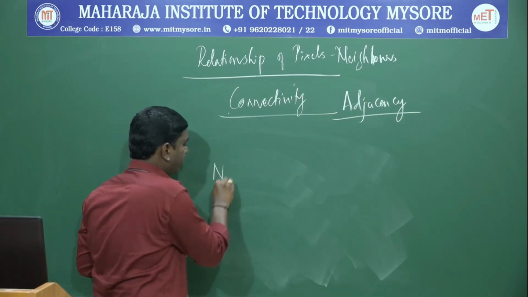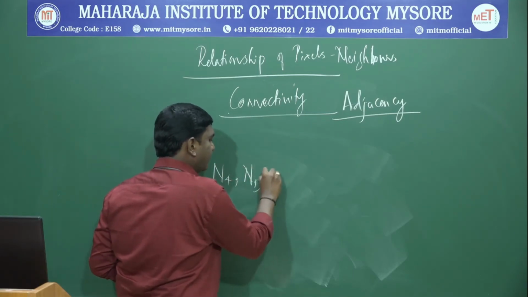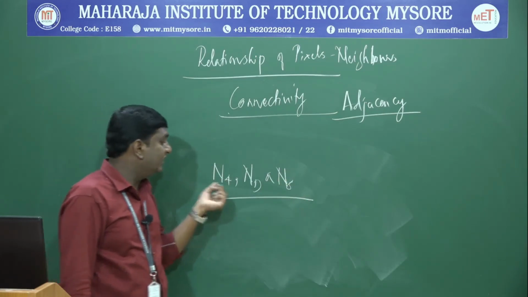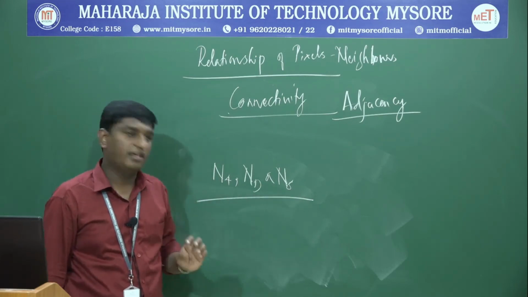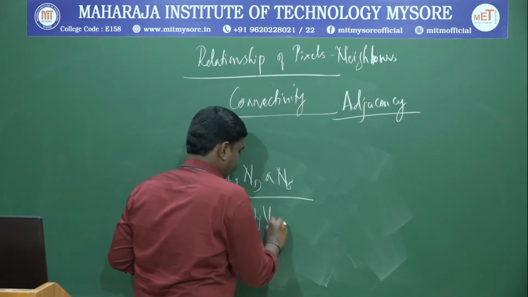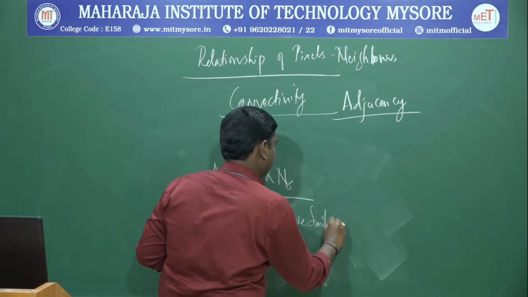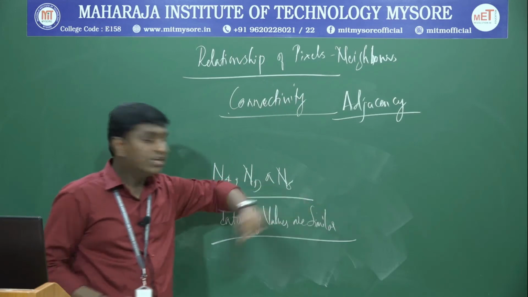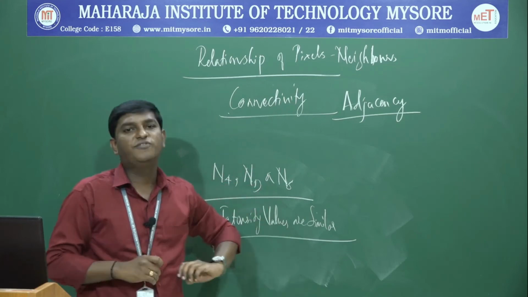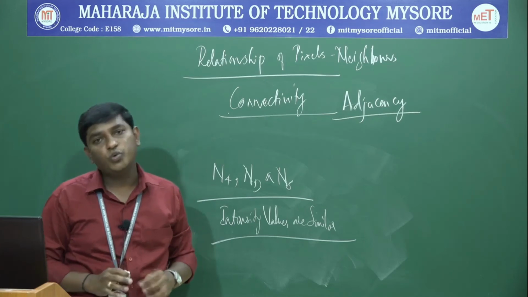They might be N4 neighbors, they might be diagonal neighbors or N8 neighbors, and their intensity values are also similar. As I just now told, the pixel value 1 for white and for the background we have taken it as 0. Intensity levels are different. If intensity levels are similar, we will tell that those pixels are adjacent to each other.